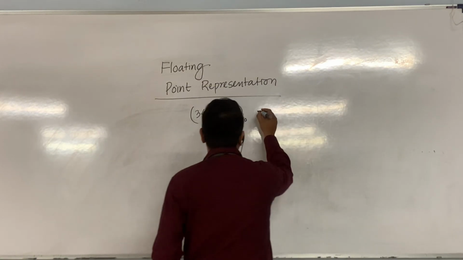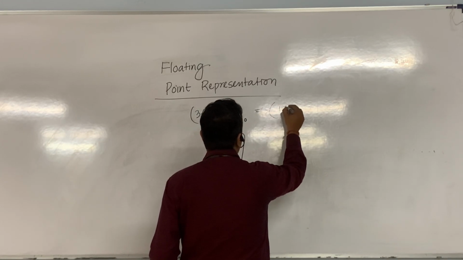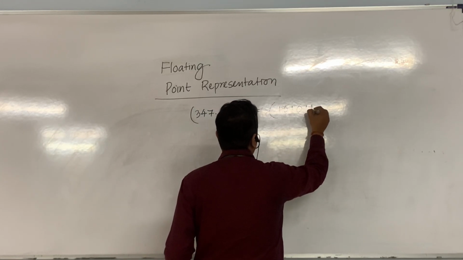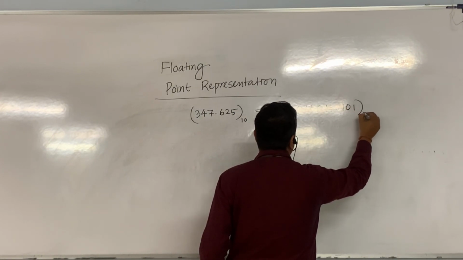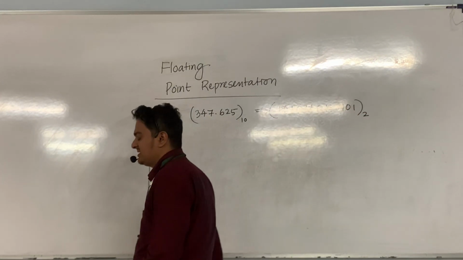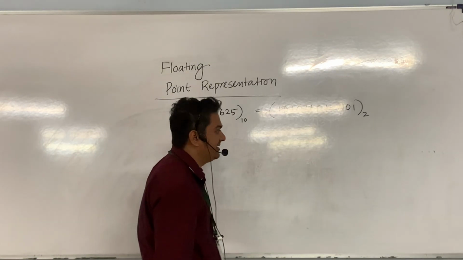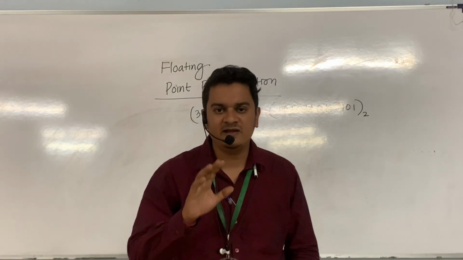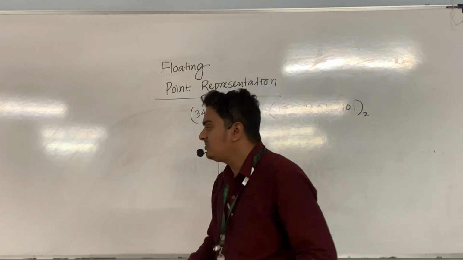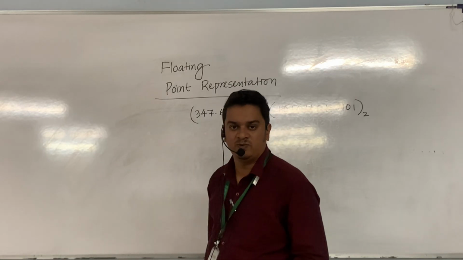So after conversion I will get this binary number, 101011.101. So the first step is done, representing this decimal number in terms of a binary number. Then, very important, we have to convert this particular representation in terms of floating point.